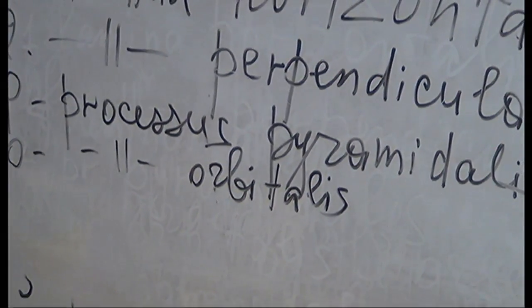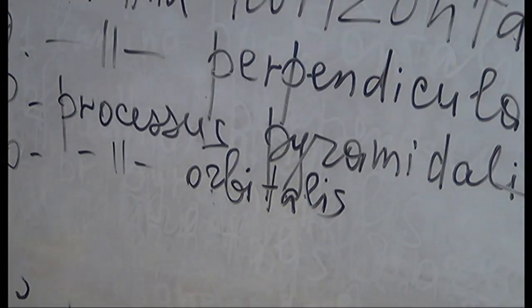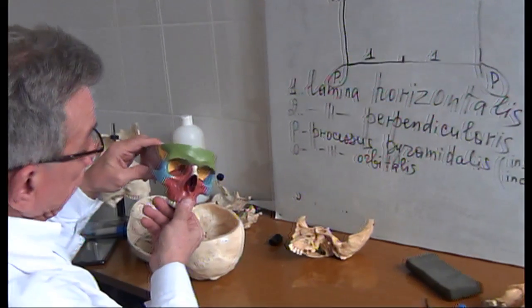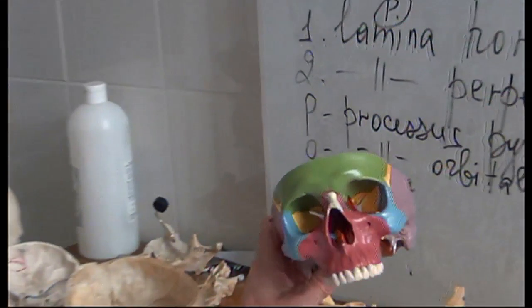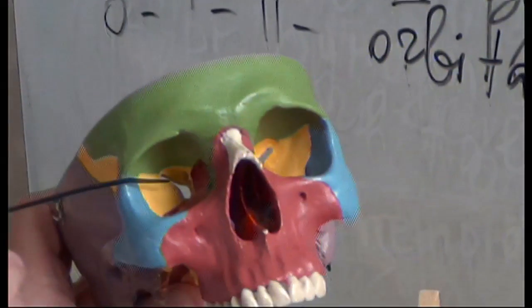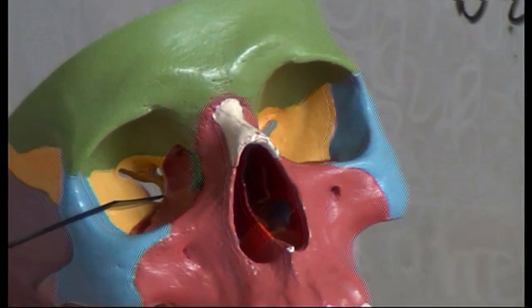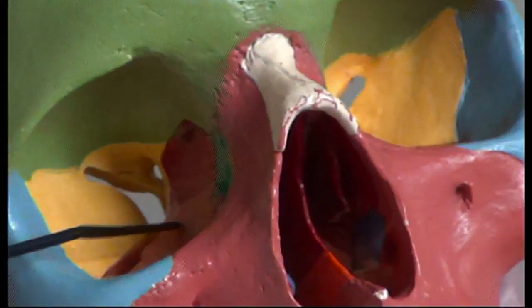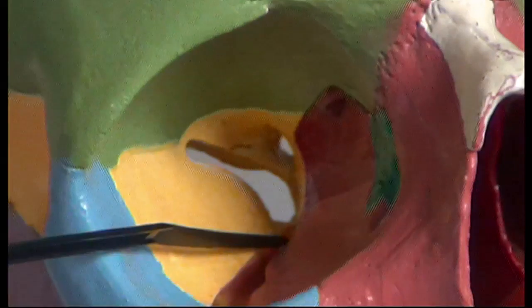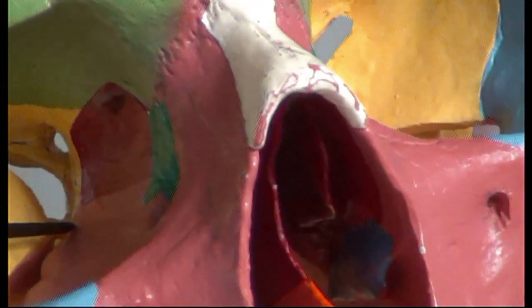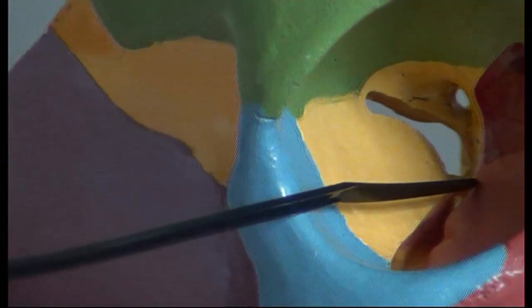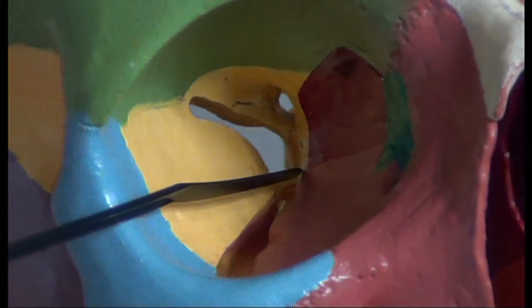Why does it have this name? Sure, because it's placed inside of the orbit. And this place is very deep in the orbit. Very deep in the orbit we can find processus orbitalis.